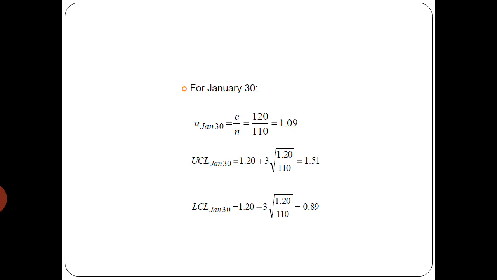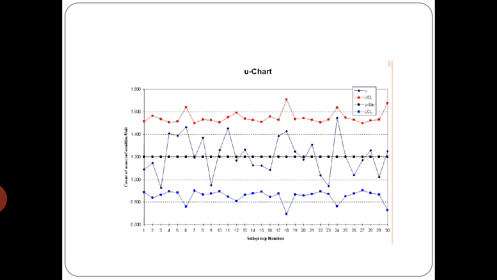Once you calculate the upper and lower control limits, you plot the graph. See here, for the U chart we have plotted. Out of control values we will decide later, because it depends on where we set the mean or standard value for variation.